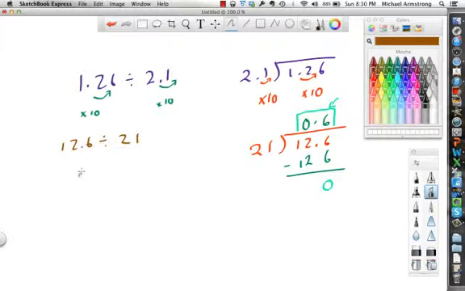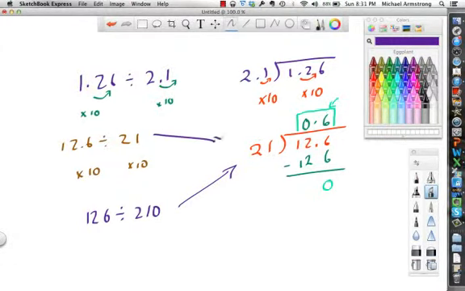Even if we multiplied it by another 10 so that it becomes 126 divided by 210, we still can't really divide this very well without our long division method. Long division is the best way to do it. A lot of times we can do them in our head, but this time we have to use long division.